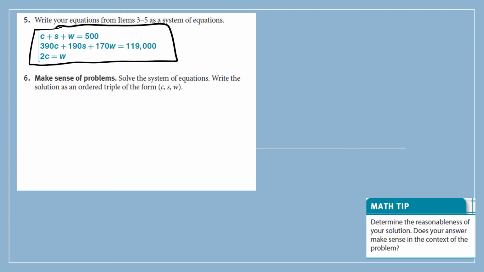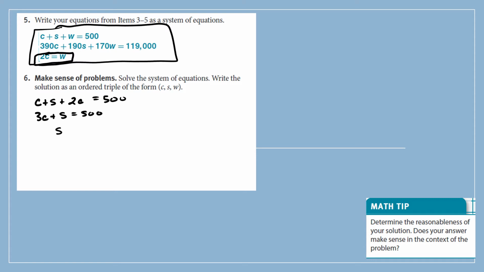All right, well, hopefully you tried. Now I notice that I already have one variable solved. I know that W equals 2C. So I'm going to do substitution, because then I could just put this into the first equation, and then I would have 3C plus S equals 500.